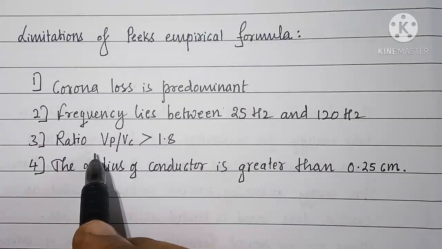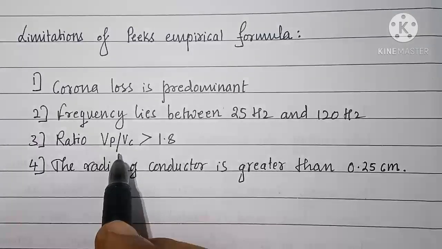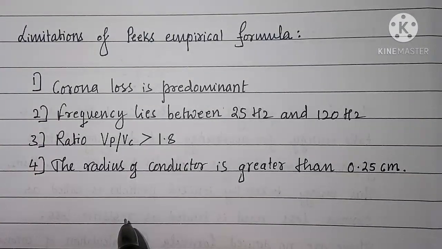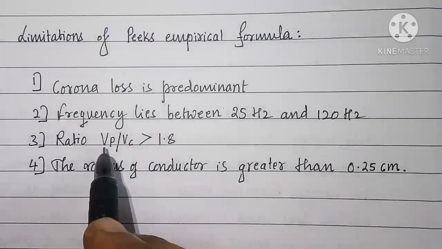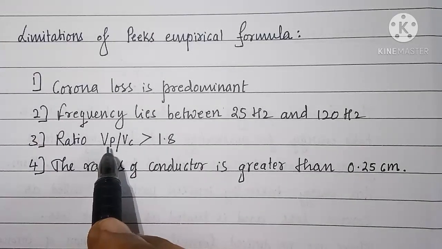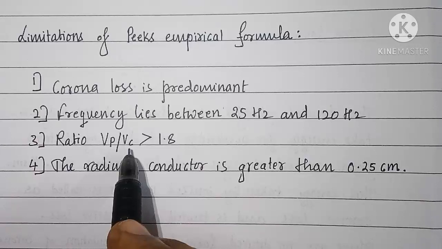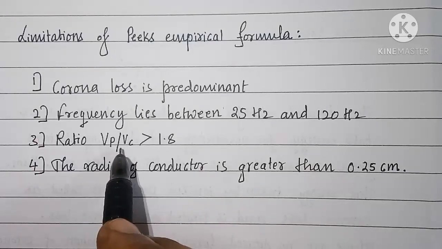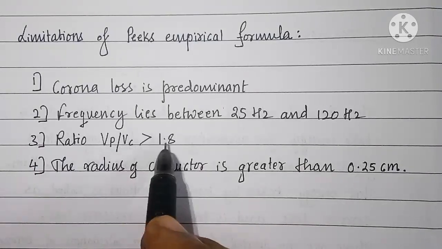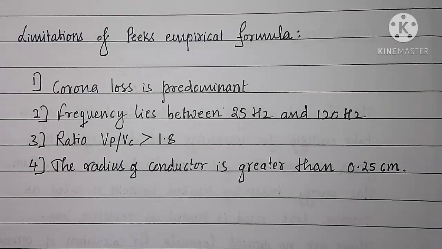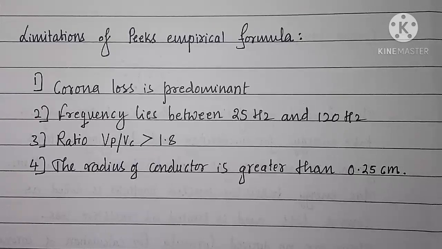Third one is the ratio of Vp to Vc should be greater than 1.8. Vp is operating voltage of the conductor with respect to neutral. Vc is critical disruptive voltage. So ratio of these two should be greater than 1.8. Then only we can make use of empirical formula. Otherwise, results will not be useful to us.